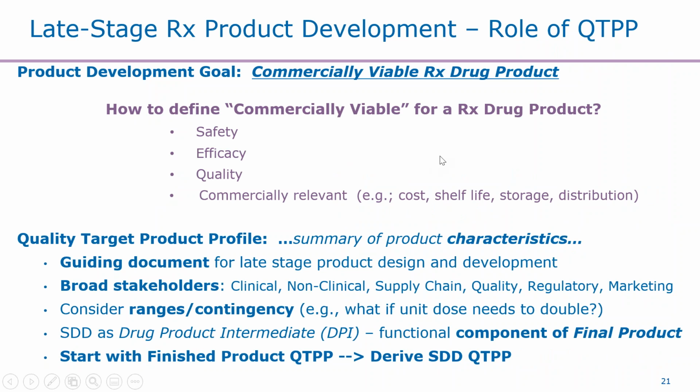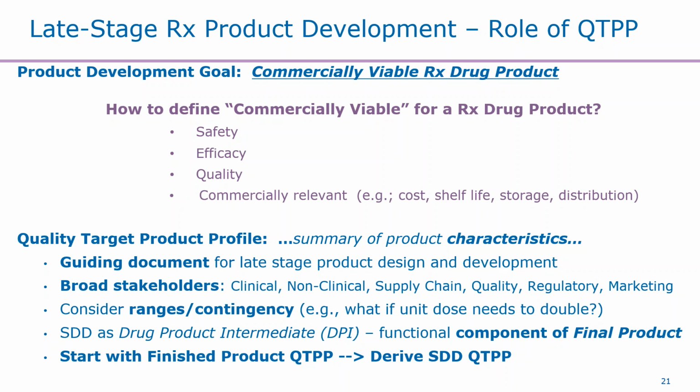So starting with the concept of the quality target product profile and its role in late-stage prescription product development. What I would propose is that the product development goal through all phases is ultimately to deliver a commercially viable prescription drug product.